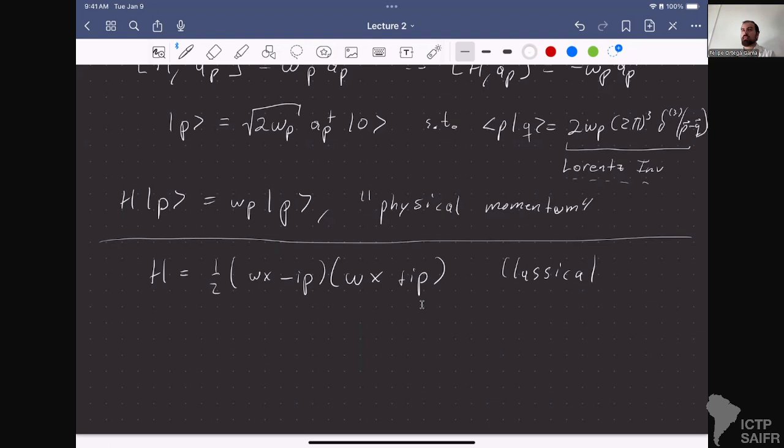You can rewrite this as this if you wish. And then when you quantize this, this is already equal to something without the zero-point energy. So technically, that's a way to deal with these infinities without the normal ordering. But I'm not sure off the top of my head what other ways David Tong was referring to in the notes.